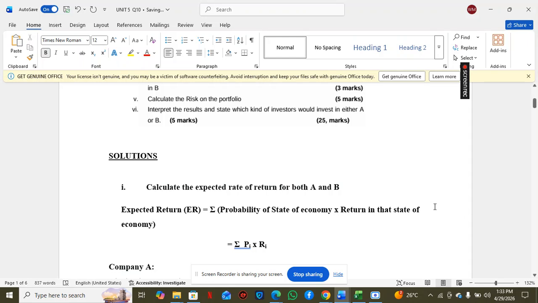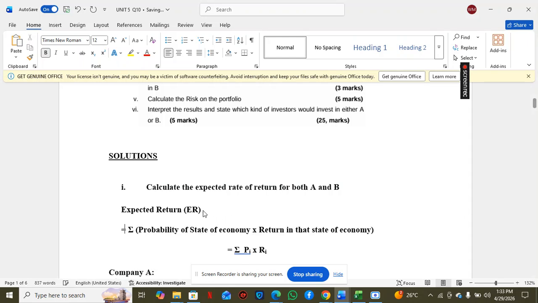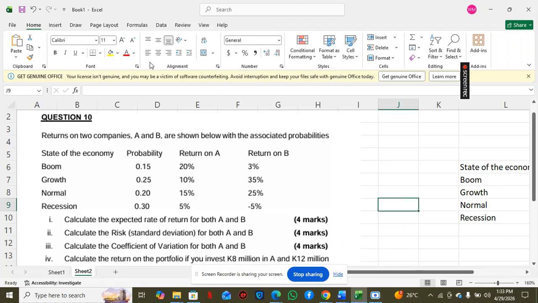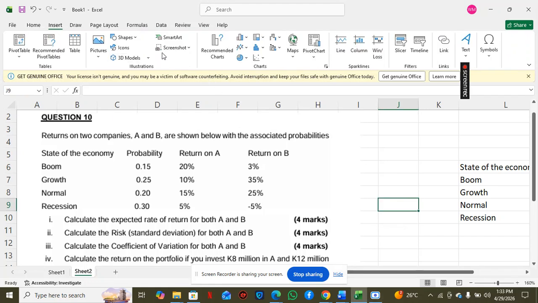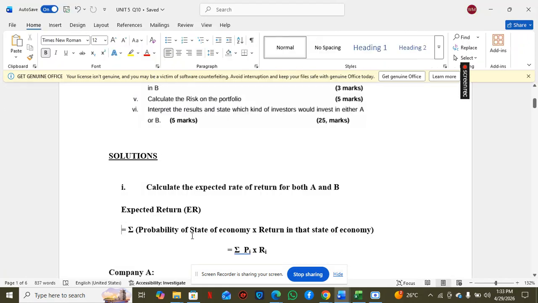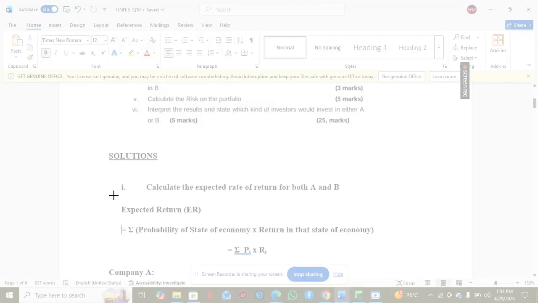That is written like this: summation of PiRi, where Pi is the individual probability and Ri is the individual return. So we're going to apply this formula here.